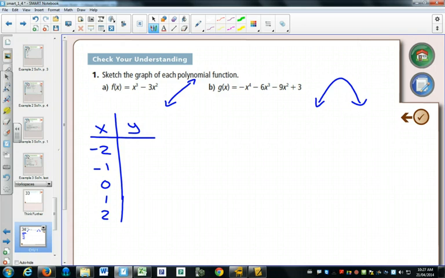If I plug in negative 2, negative 2 cubed is negative 8. Minus 3 times negative 2 squared will be minus 12. This will give me minus 20. Negative 1 minus 3, this will be negative 4. Plug in 0, you get 0.